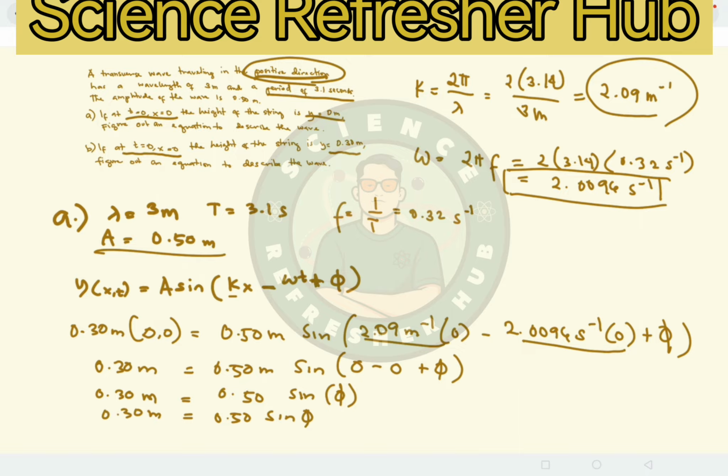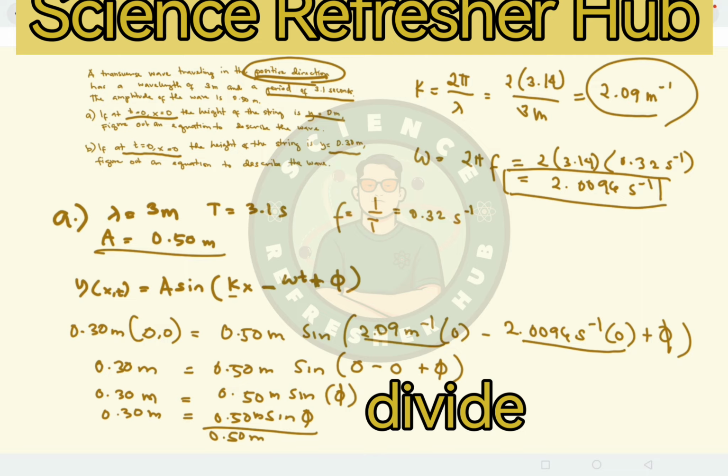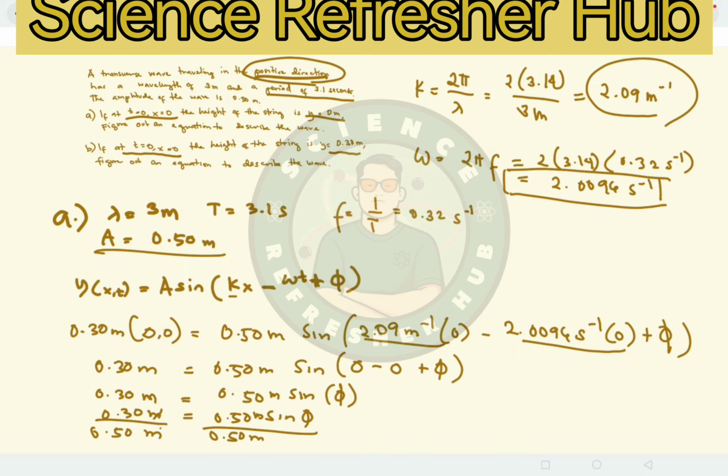In order to isolate sine phi, we will divide both sides by 0.50 meters, canceling the unit. So sine phi is equal to 0.30 divided by 0.50. The answer would be 0.6.